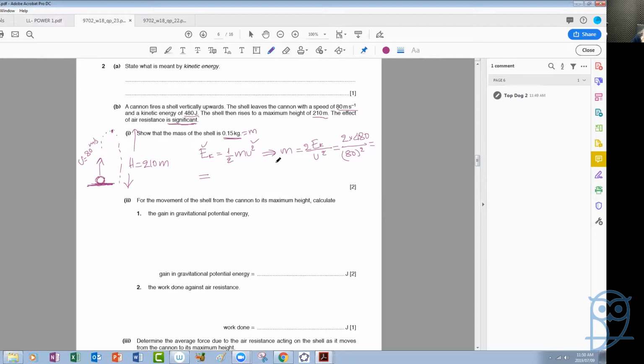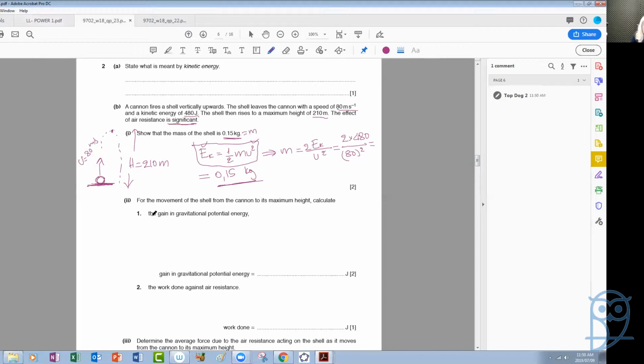Yeah, I find 0.15 kilograms. So all the units are SI units, so our answer is in kilograms, which shows that indeed the mass is 0.15 kilograms. We show that the mass is 0.15 kilograms by using the kinetic energy of the object as it leaves the cannon.